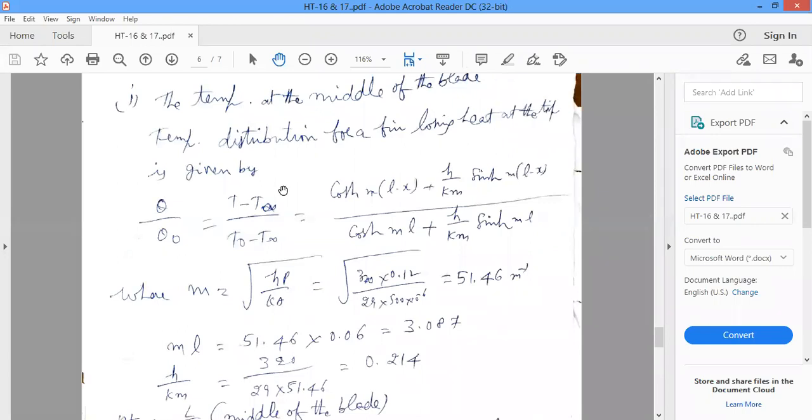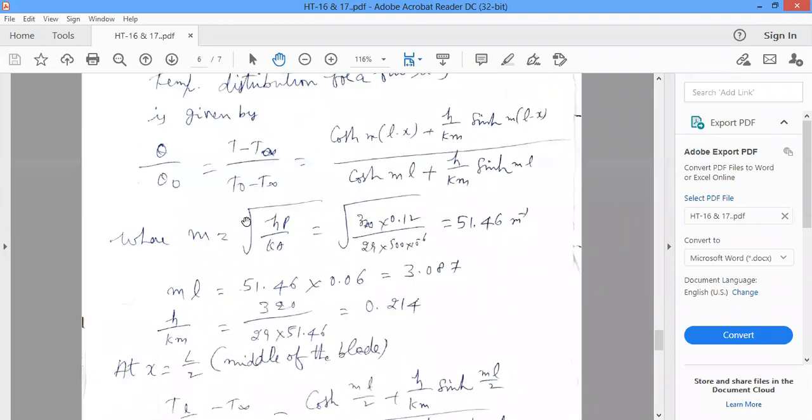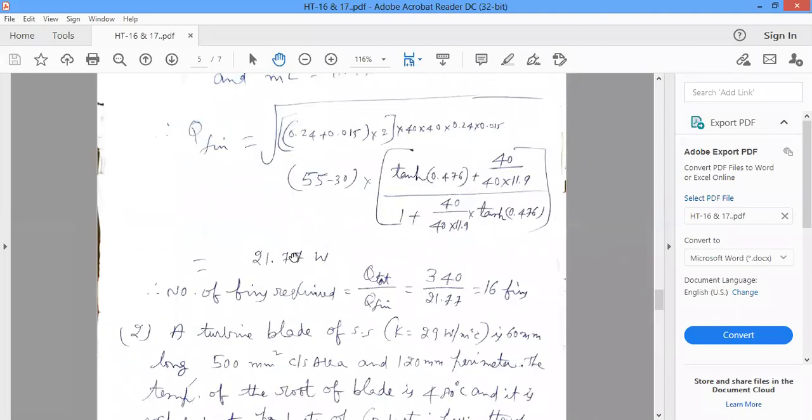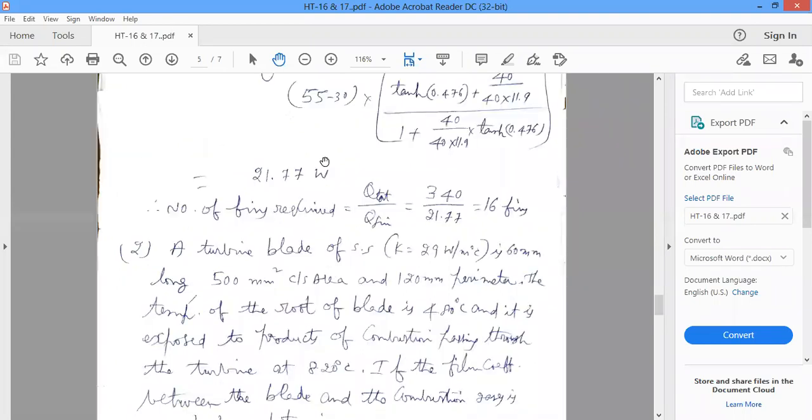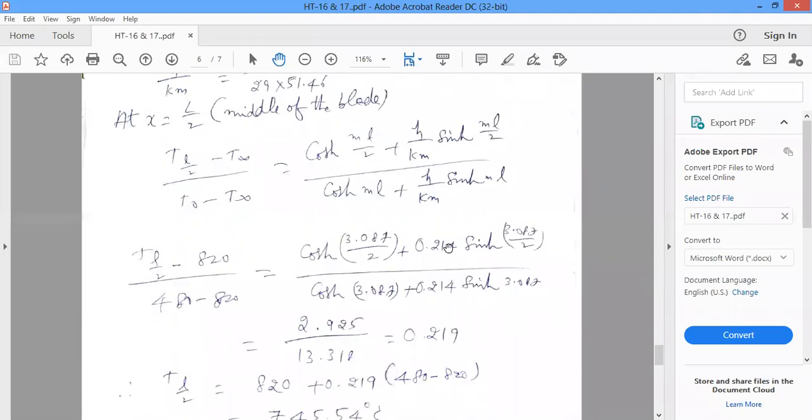At x equal to L, because the length of the fin is very short here, conduction heat transfer is equal to convection heat transfer. That is the second boundary condition for the third case, short fin. By taking the help of those boundary conditions, you will get the temperature distribution equation like this and the heat transfer rate equation like this.